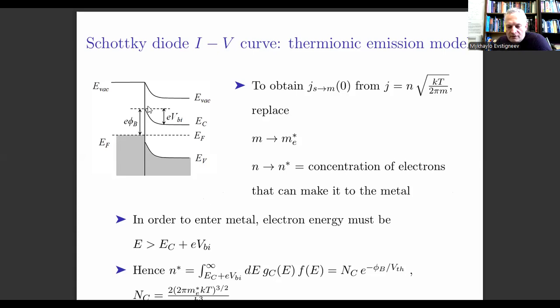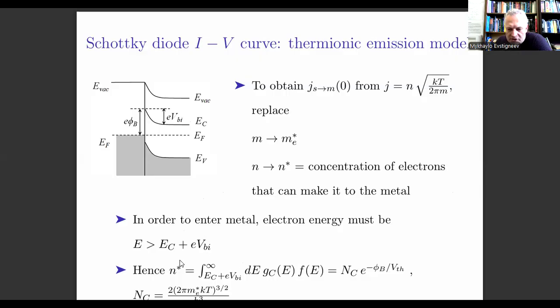So in order to make it out of the semiconductor into the metal, the energy of the electrons must be higher than the energy at the bottom of the conduction band plus this extra energy, the barrier height, which is the product of the built-in voltage times the elementary charge.